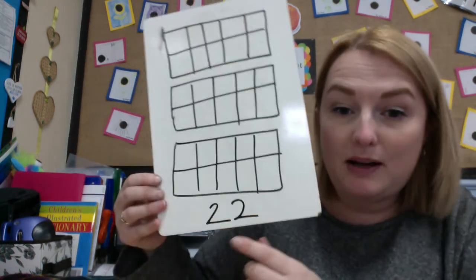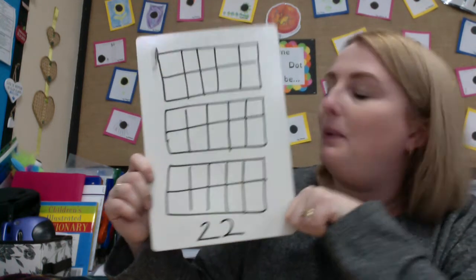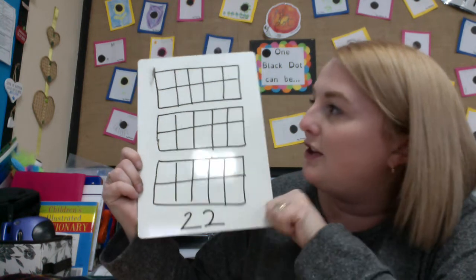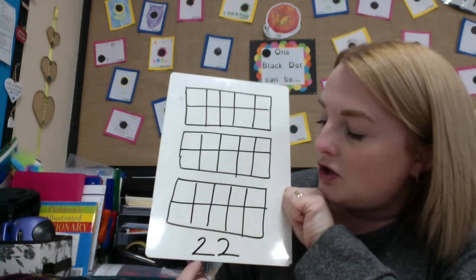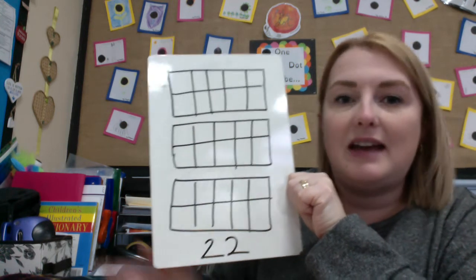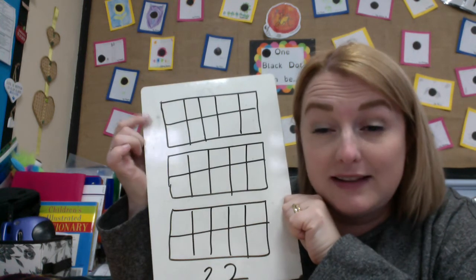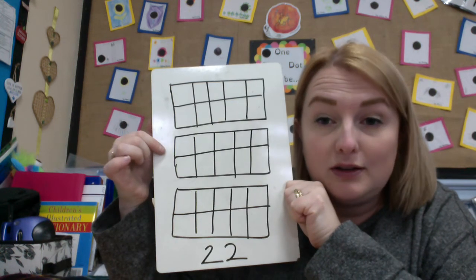So I have written my number at the bottom, 22. It's not my best handwriting. I'm sure you can do better, year one. So 22, to fill it up, we have got 2 lots of 10 to make our 20. We know that each full tens frame makes 10. So I need to fill up 2 lots of 10 to make 20.